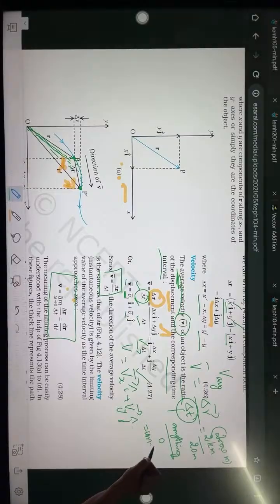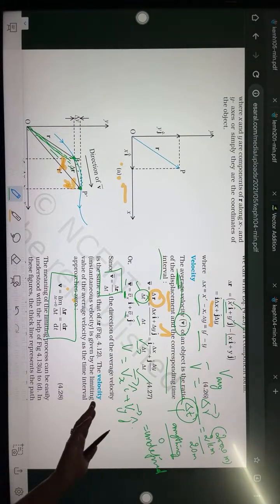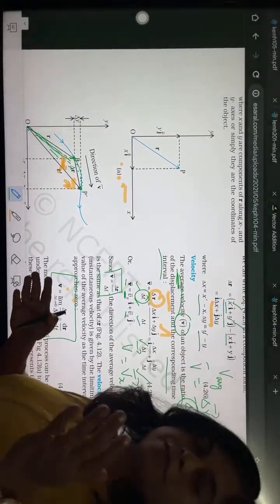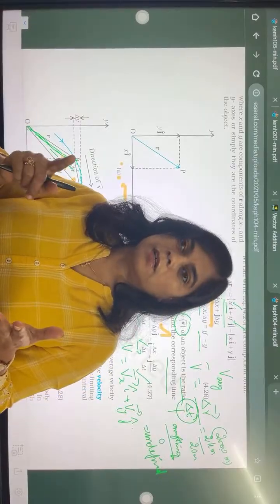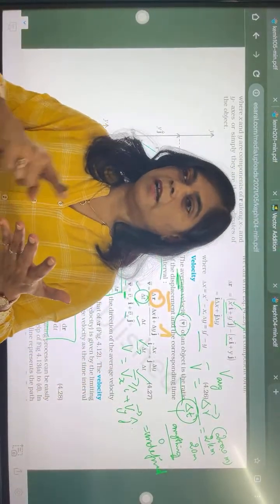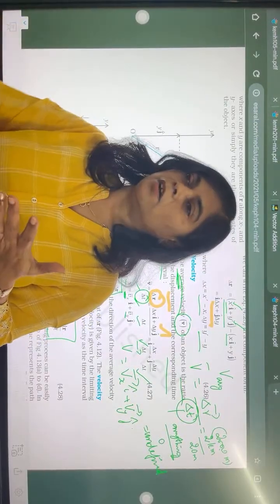It is undefined. Got it? Clear? So it is highly impossible to find the velocity. It is undefined. It is not possible, as we have discussed in Heisenberg's principle, right? A particle cannot be located and its velocity measured simultaneously.